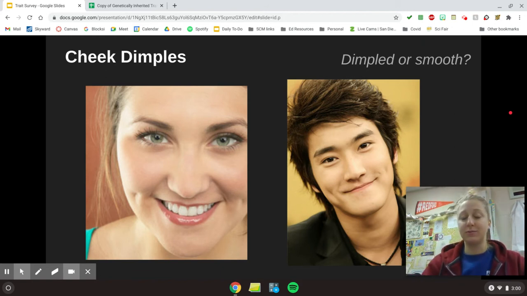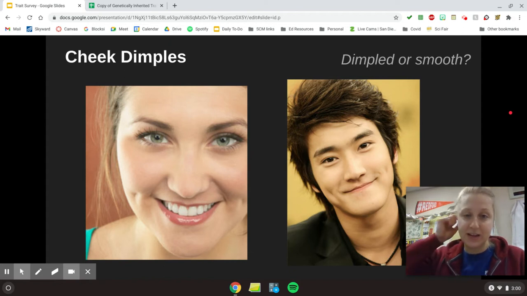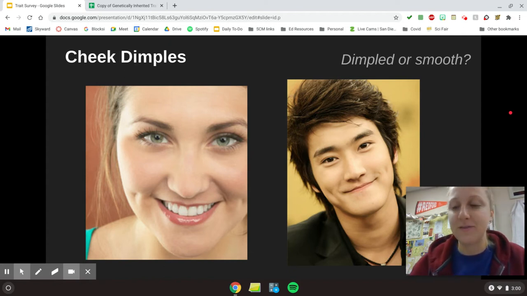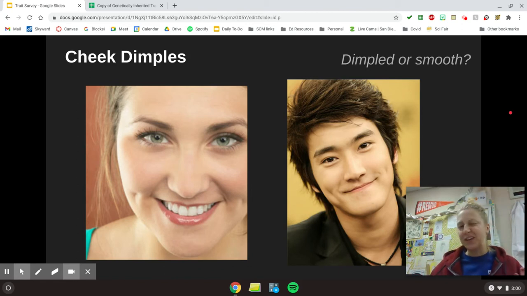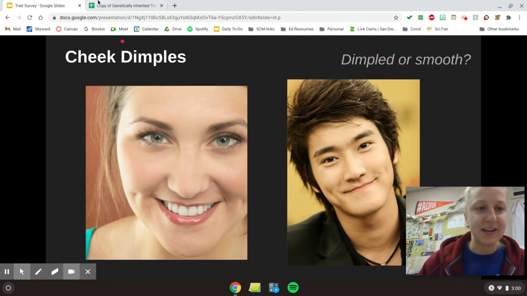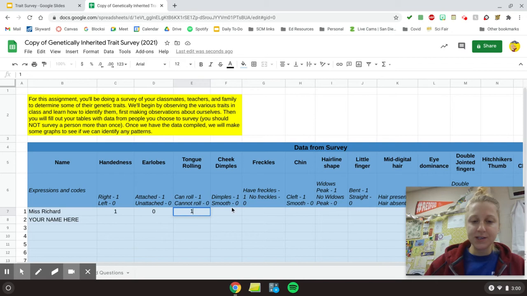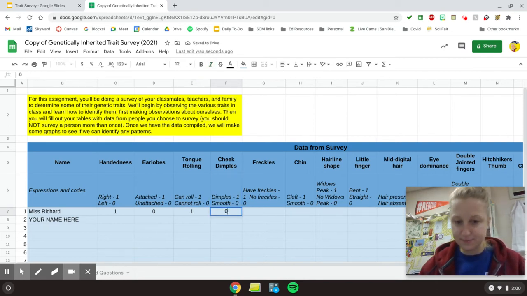These people have really distinct dimples, as we can see on screen, and you might have something that looks kind of like that. You decide for yourself. I don't think I have dimples. Maybe I do. I'm going to say I don't. I think that I have smooth cheeks.